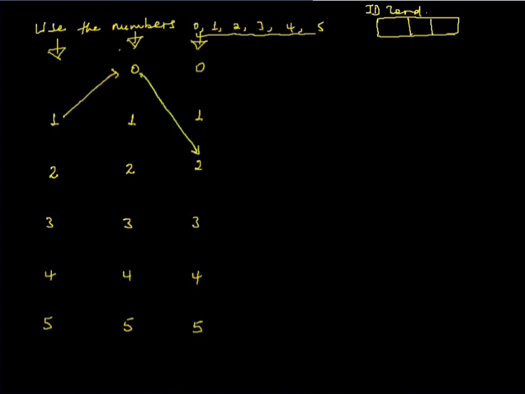This is possible. 1 0 3, here no numbers are repeated. 1 0 4 and 1 0 5. This is one possible way of arranging the numbers. We can also have other possibilities.